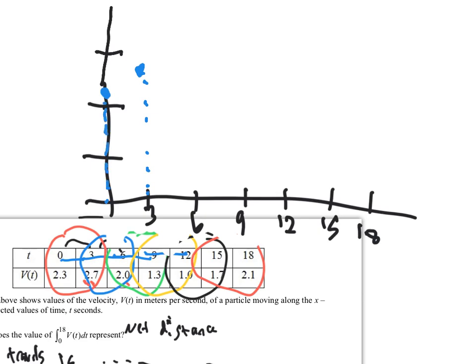That was the 2.1. 6 went up to 2.0, so boom. 9 went up to 1.3, right here. 12, 1.6, a little higher. 15, 1.7, a little higher. 18, 2.1, a little higher.